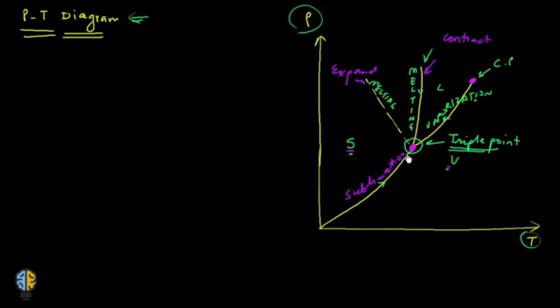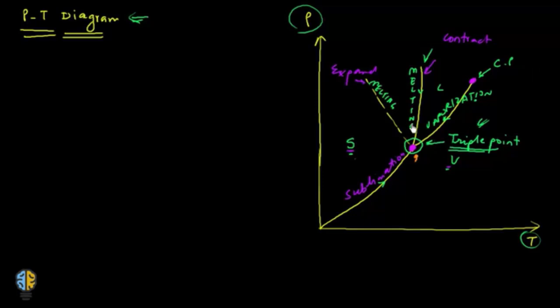They meet at a single point. Okay, and at this particular point, all the three phases coexist in equilibrium, and as discussed, it is the triple point. Now the vaporization line, as I told you, starts from the triple point and ends at the critical point where there is no distinction between the liquid and vapor phases.